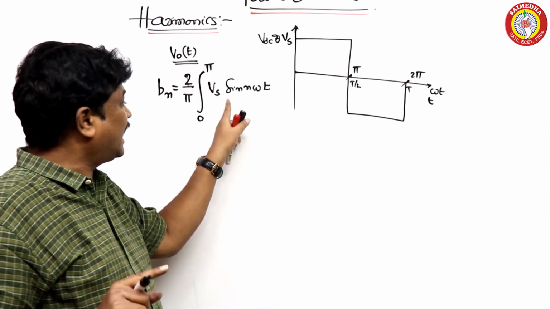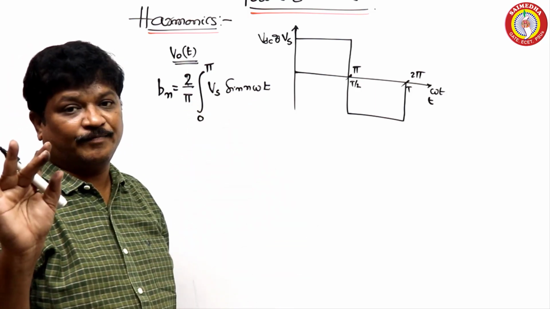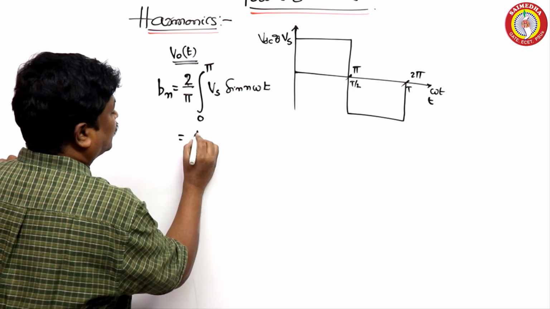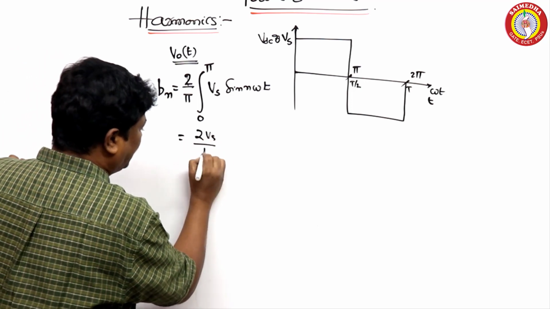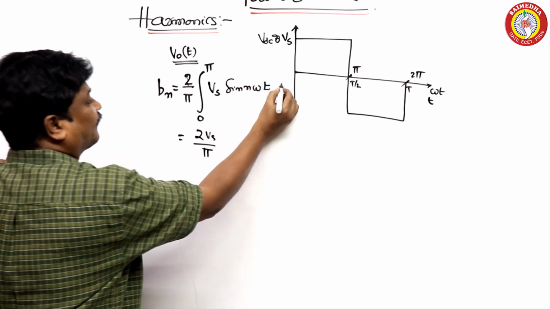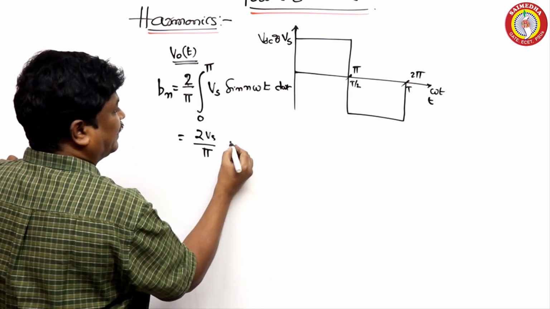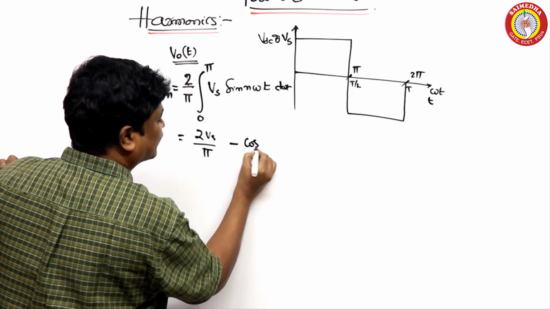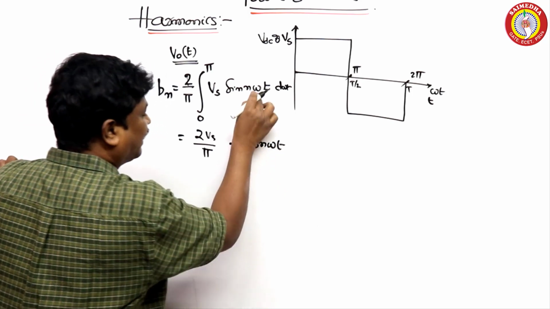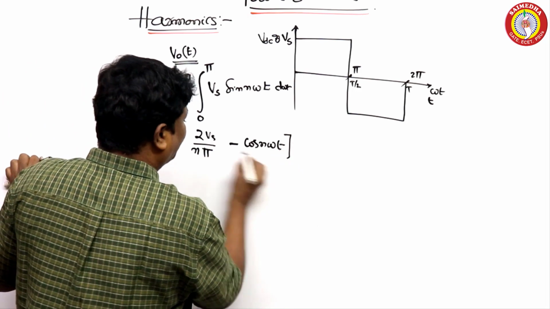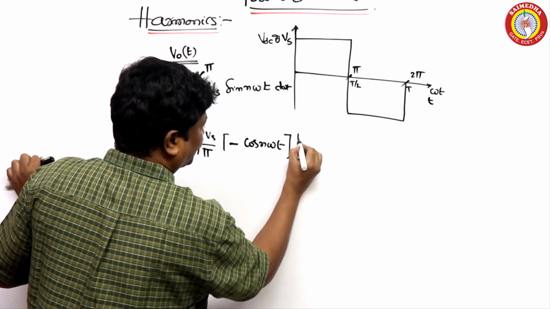That's why sin n omega t only I am doing. Now, what does this become? 2 Vs by pi, integration of sin n omega t d omega t, which becomes minus cos n omega t divided by n. The limits are between 0 to pi.